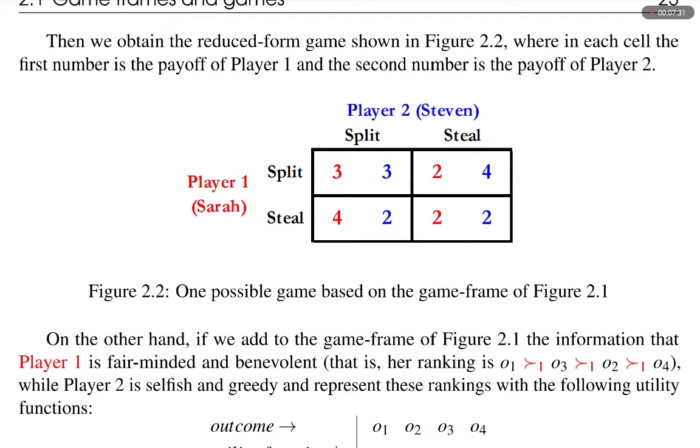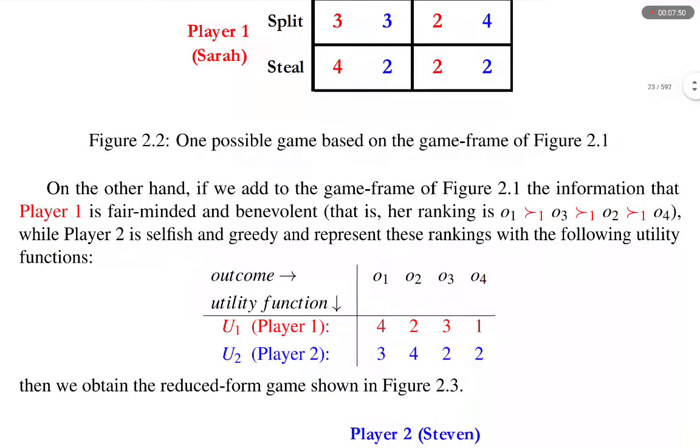In the case where Sarah steals and Stephen splits, then Sarah gets 4 and Stephen gets 2. And in the case where they both steal, they both get 2. Figure 2.2, one possible game based on the game frame of figure 2.1.